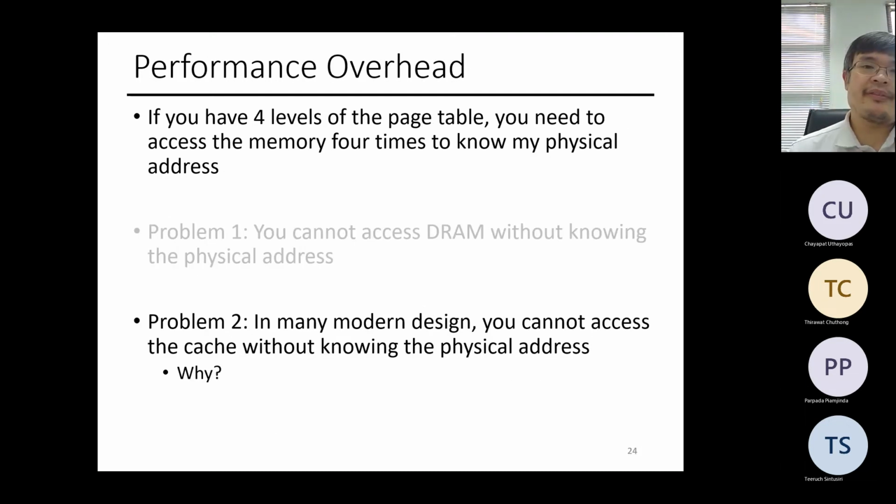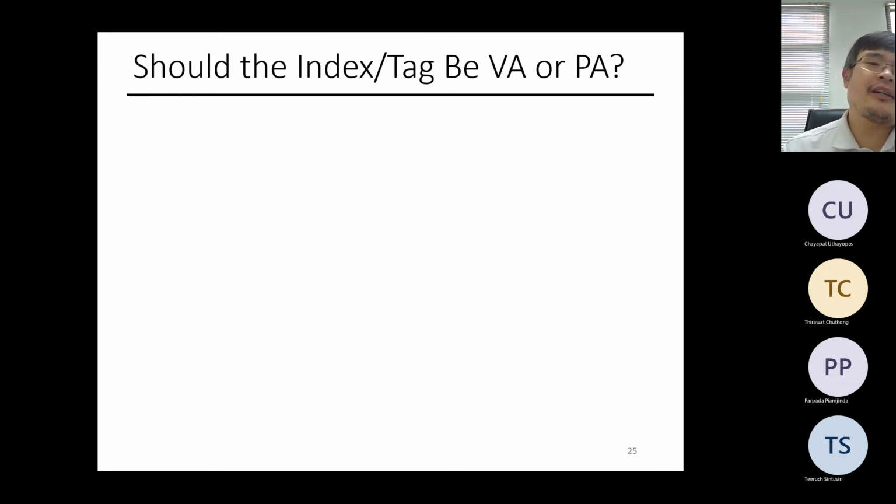Now, here comes the second solution, right? The second solution is that in many modern designs, you cannot access the cache without knowing the physical address. Why? The key here is when you look at caching, you have 2 things: the index bits and the tag bits that come from your address.